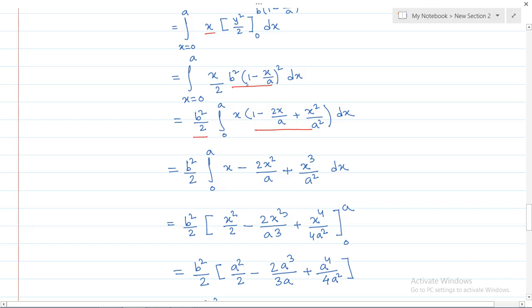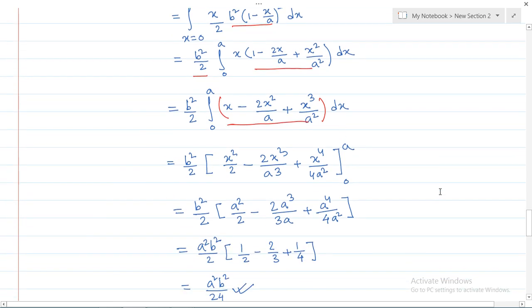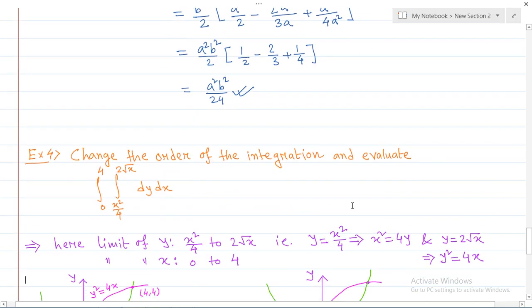I have expanded this term in a minus b whole square form. Thereafter we have taken x multiplied inside, so we get this structure: x minus 2x square by a plus x cube by a square, dx. This term we have to integrate with respect to x and substitute the limit. After doing the integration and substituting the limit, we have the answer of this solution as a square plus a square into b square divided by 24.